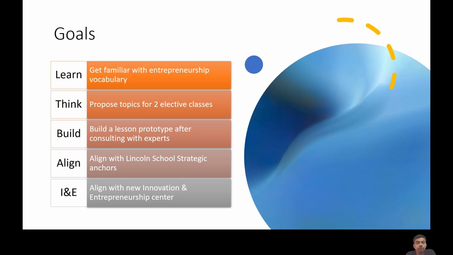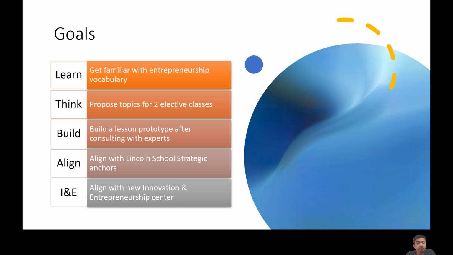The goals of this workshop are, number one, to get familiar with entrepreneurship vocabulary, not only high school, but also middle school and elementary. We are also going to be proposing a couple of topics for these two elective classes, Advanced Entrepreneurship and Entrepreneurship in Action.